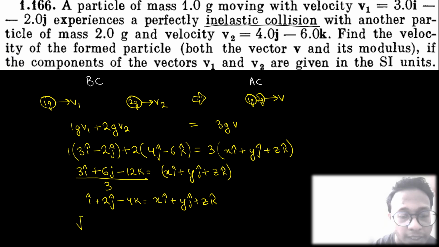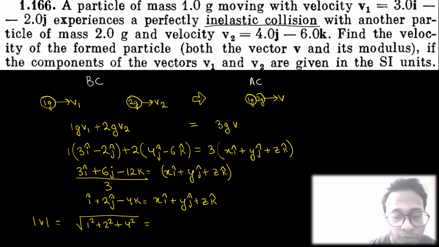Magnitude is the square root of 1 squared plus 2 squared plus (minus 4) squared, which is 4 squared, which is the square root of 1 plus 4 plus 16, which is the square root of 21 meters per second.